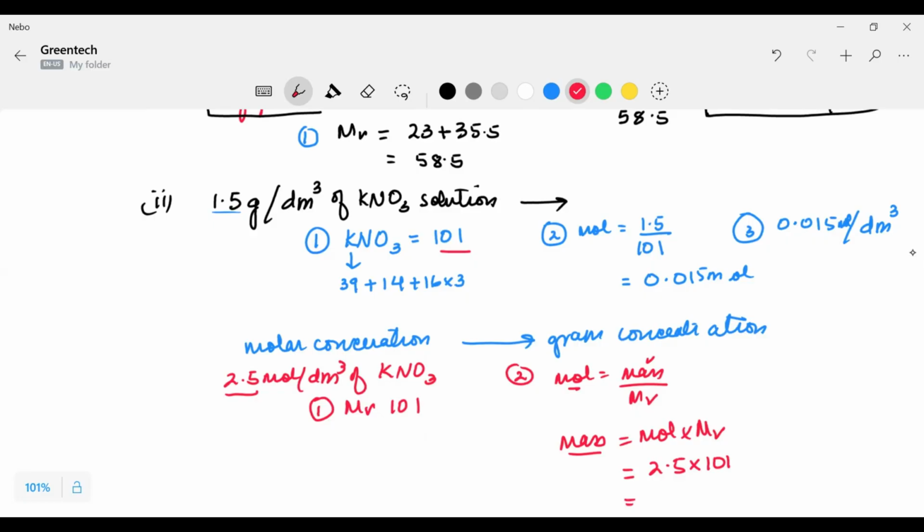Give me the value. Okay, that's your mass. 252.5 grams is the mass, right? Fine. So my gram concentration is going to be 252.5 grams per dm cube. Am I right? Is it clear? So that is how I converted my molar concentration back into gram concentration.